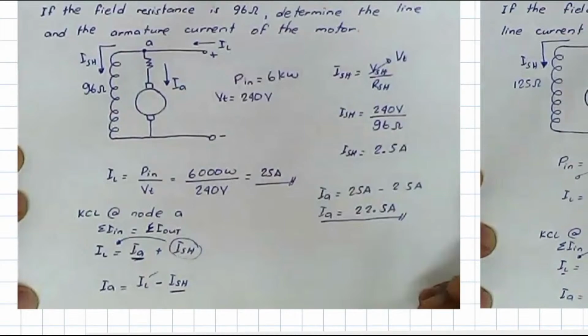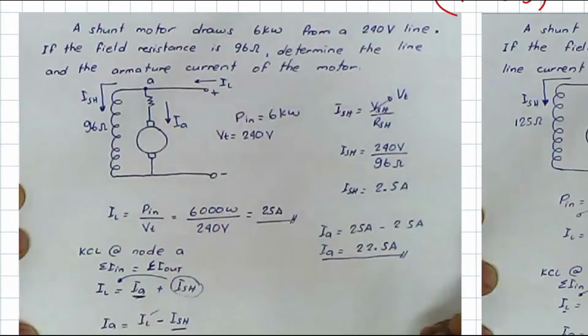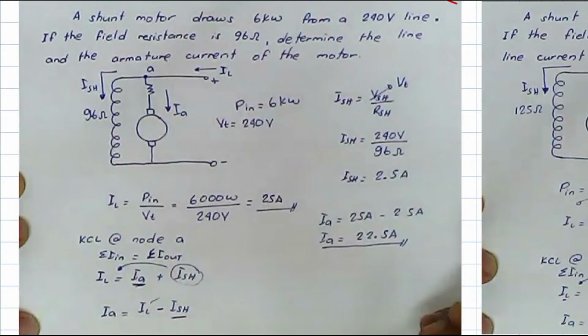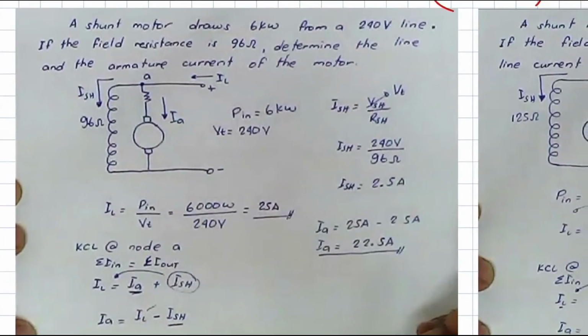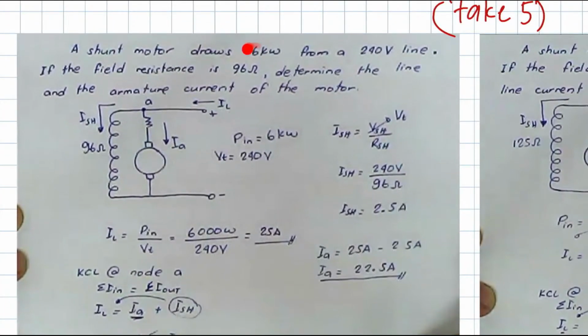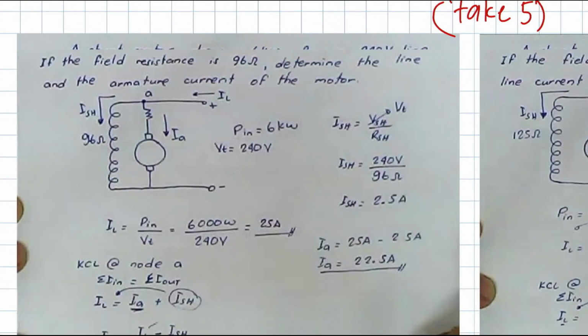So usually kita use KCL tu lah. Ni KCL. This is the KCL, and then just ubah je sebab kita dah tahu IL. Kita dah tahu shunt motor draw 6 kilowatt. So 6 kilowatt is the power, total power.